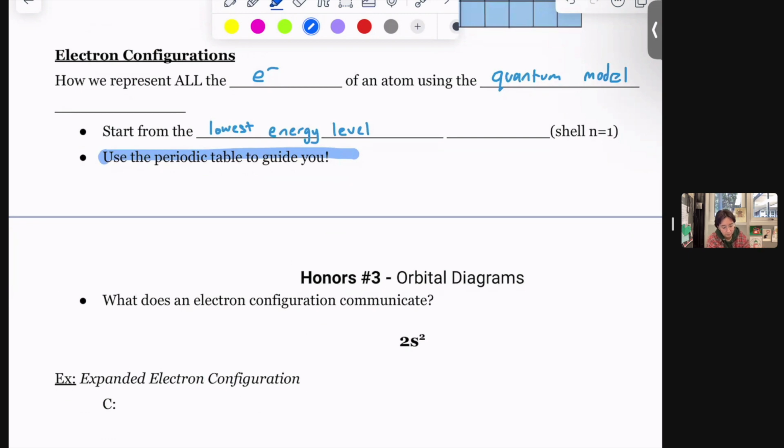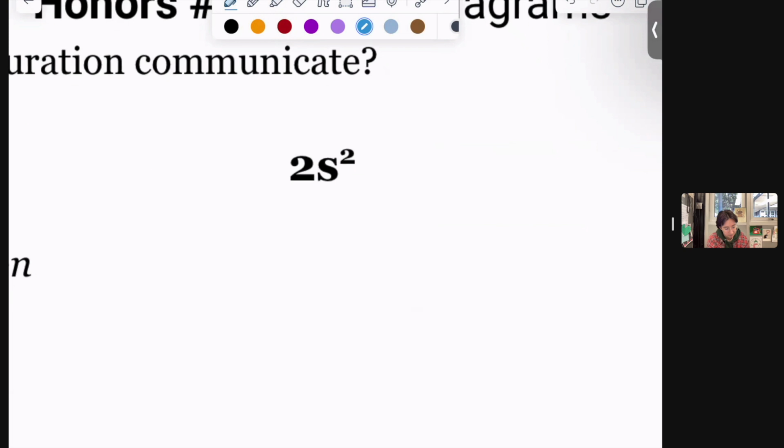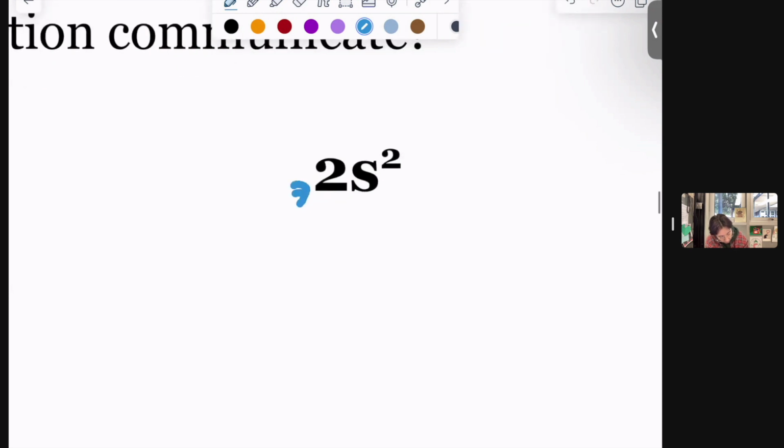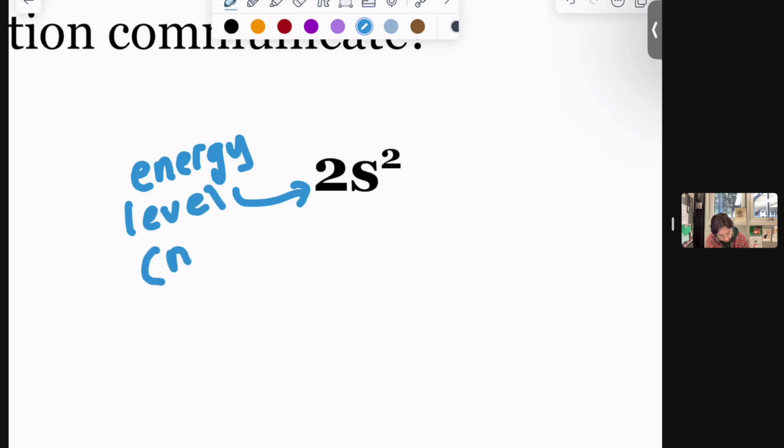So when we create an electron configuration, you're going to make a series of things that look kind of like this. There's always going to be a big number in front, a letter, and a little exponent. So what do all these things mean? The number in front, that is your energy level, your principal quantum number, your n. The letter is the orbital.